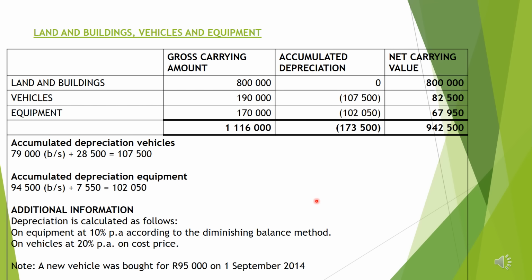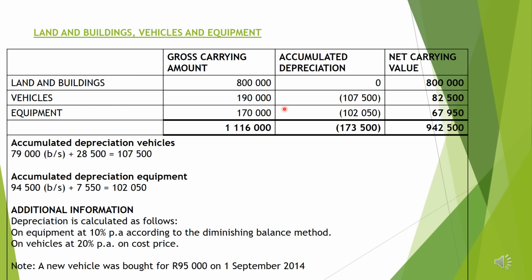Here there are amounts that are given as per the trial balance. Firstly, you have your 800,000, your gross or your cost for land and buildings. Then you have vehicles on your balance sheet given at a cost of 190,000 rands.